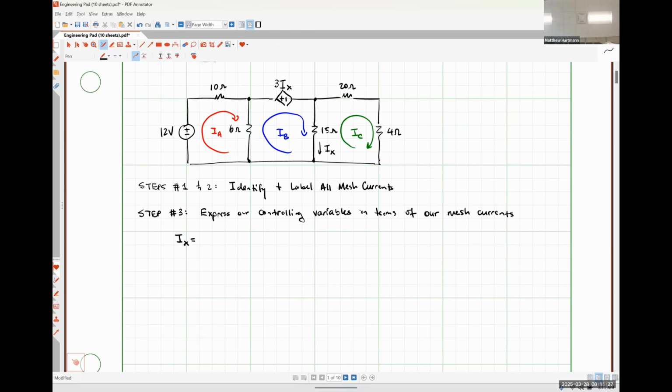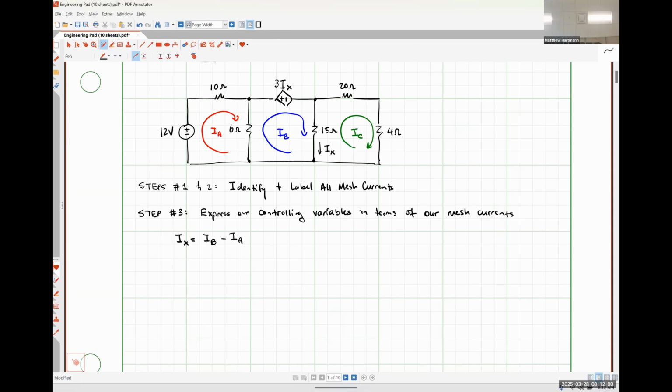So we're going to have IX is equal to IB, because that 15 ohm resistor is between meshes B and C. Now we also need to figure out what contribution C is going to have, okay? As we follow C around its clockwise path, when it hits that 15 ohm resistor, it's going to be flowing up. Up is in the opposite direction of IX, so we're going to have a minus sign for IA.